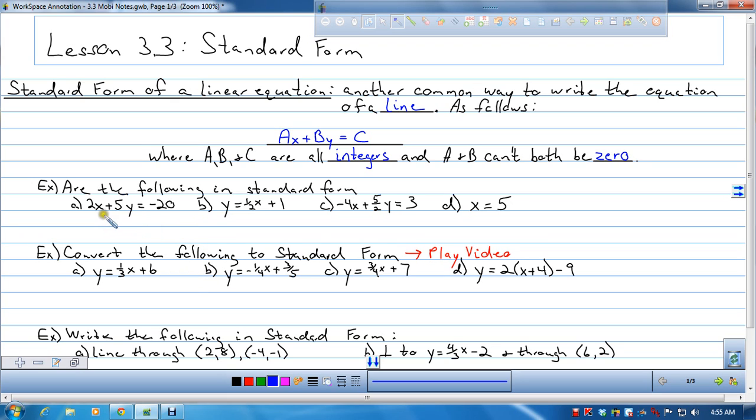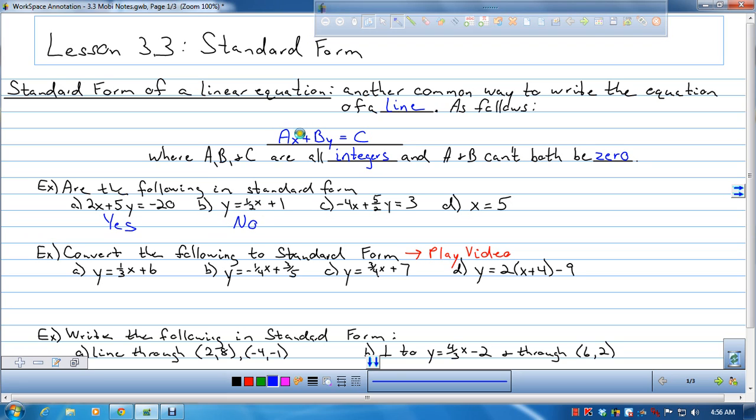Okay, hopefully you noticed that this first one is in the form ax plus by equals c. A, b, and c were all integers. This second one would have been a no. Why? Because first off, the x and the y aren't on the same side.